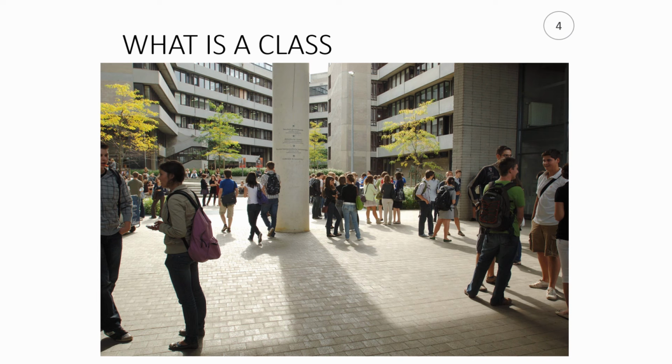Likewise, in order to be able to handle the objects in the universe of an organization, these objects need to be categorized into concepts. So let's look at an example. At our university, there are lots of people around, and we are able to distinguish between employees, professors, and students.